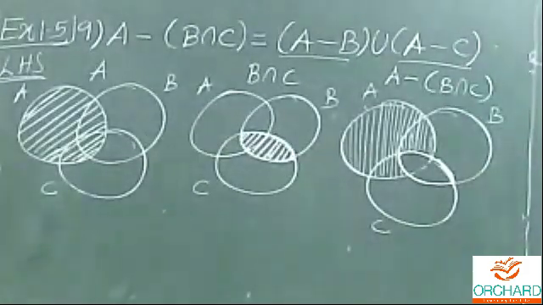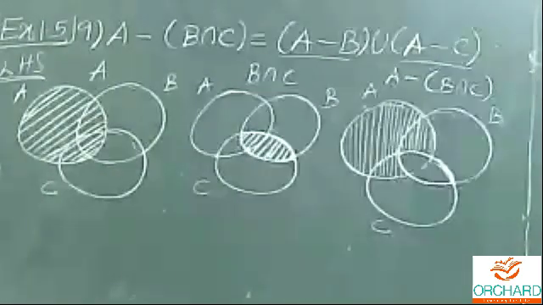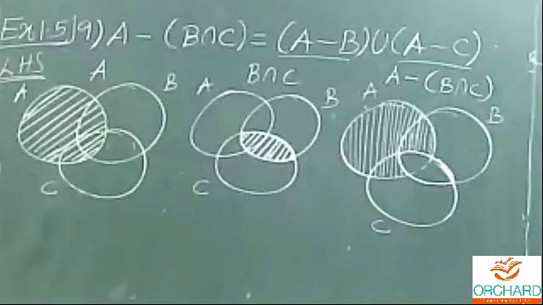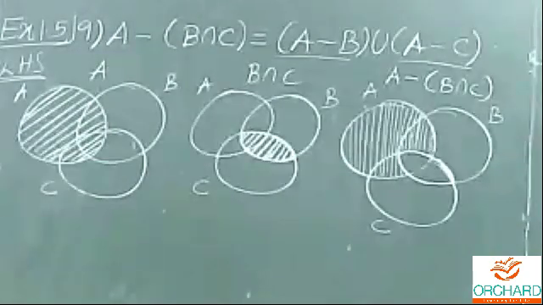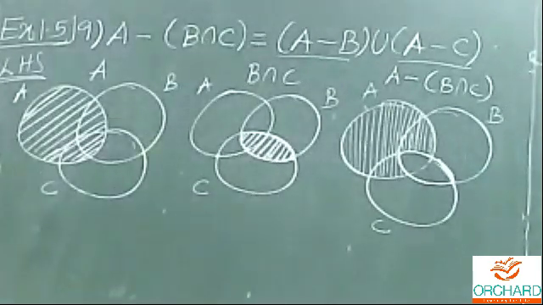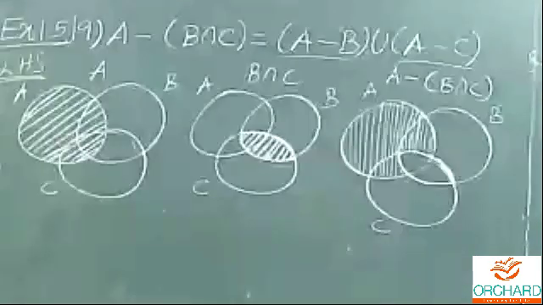Next one. Right hand side. Your right hand side. Once I finish, now try to shade the right hand side: A difference B and A difference C, whose union? On the right hand side.